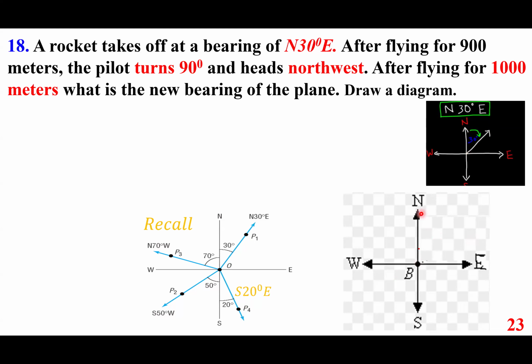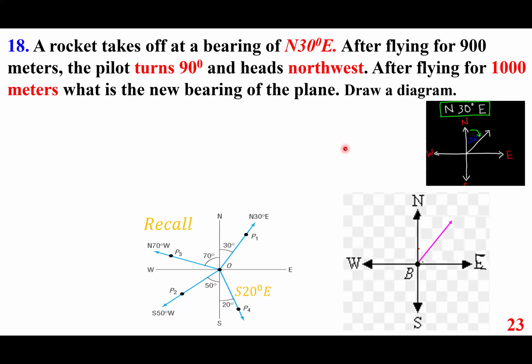It makes a 30-degree angle with the north, 60-degree angle with the east, just for the sake of argument. So this is going this way. Okay. So it goes for how far? 900 meters. Then turns 90 degrees. When it turns 90 degrees, either this way or the bottom. It's northwest, so it goes this way.